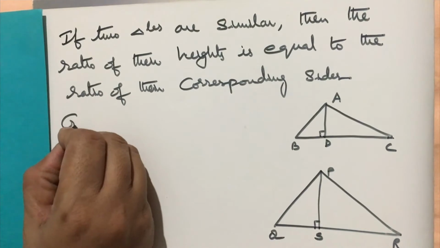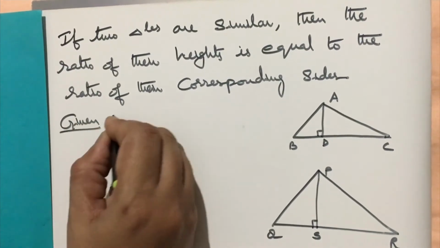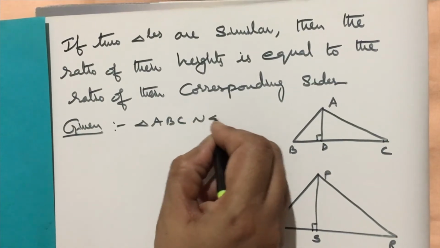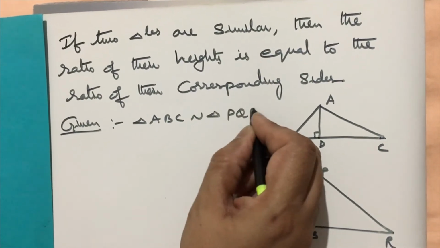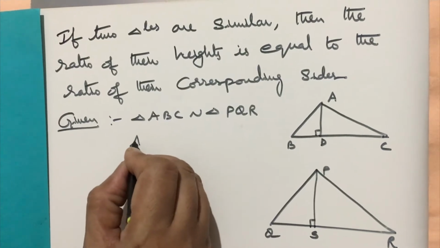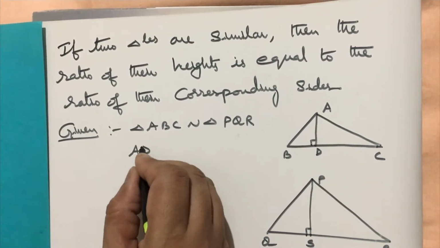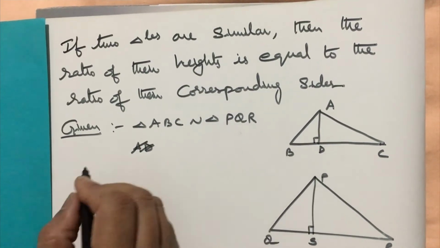And what is given here? Given triangle ABC is similar to triangle PQR, and AD and PS are the altitudes. I am writing that one in the construction part.